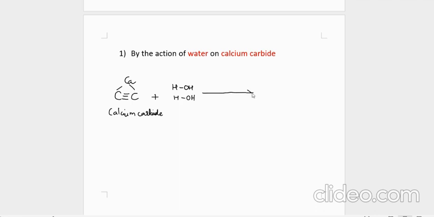So this reaction takes place in both laboratory as well as it can be used on commercial scale. So you can write down both these words on the arrow. So calcium carbide reacts with water molecule to form alkynes. So you're going to see that you have this calcium and you have two hydroxyls, OH.